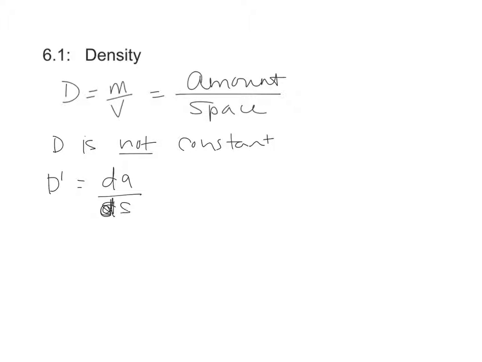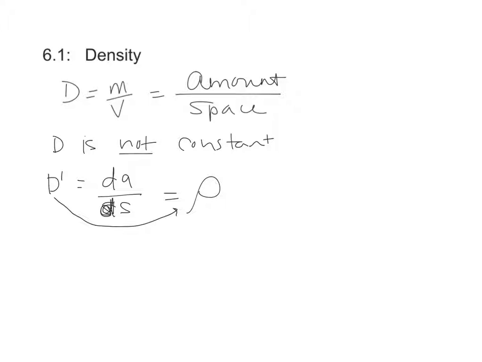How does the amount change as the volume of space is changing? And we give this representation a letter, the Greek letter rho, and this represents this change in density.